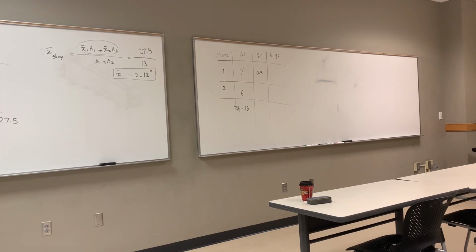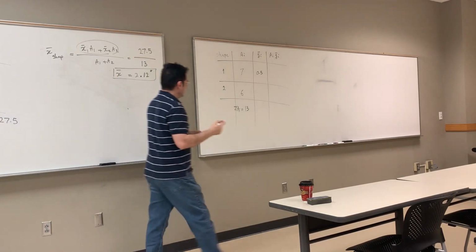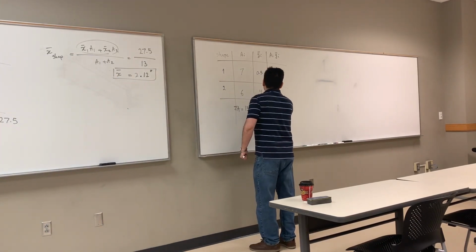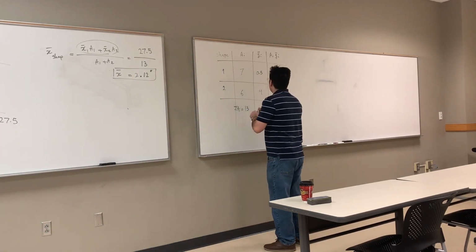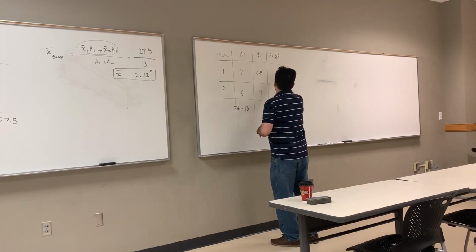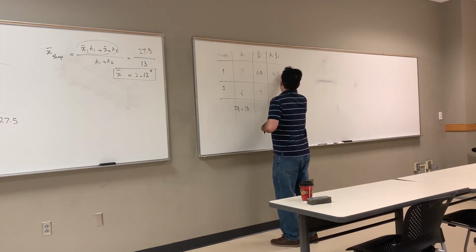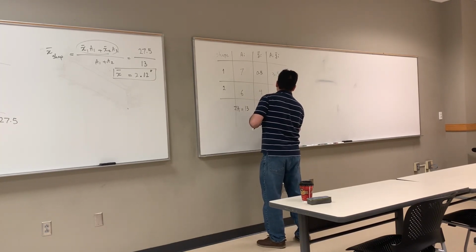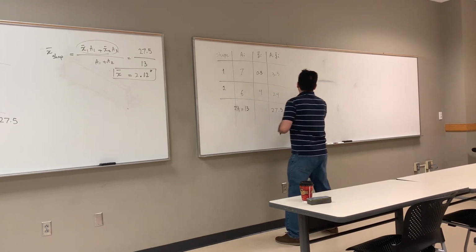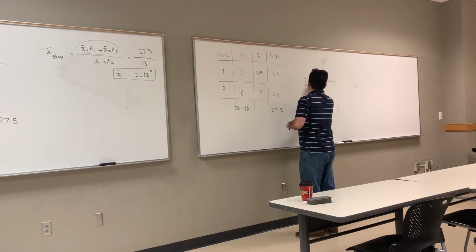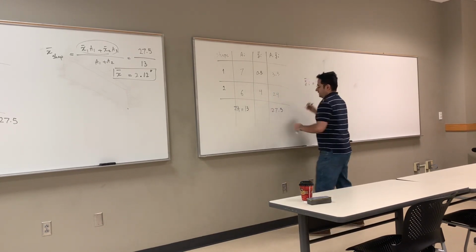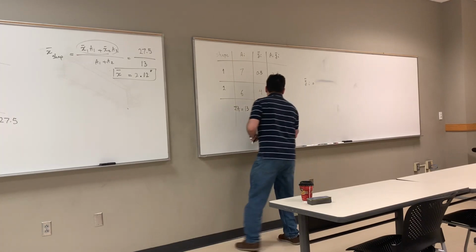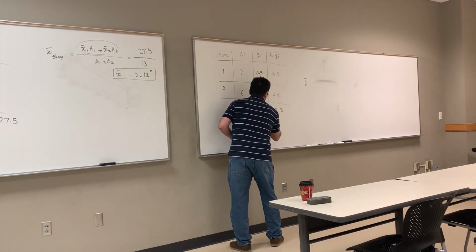So 1 plus 3, which is 4. Now I'm ready to create the last one, so that's going to be 3.5, 24, 27.5.